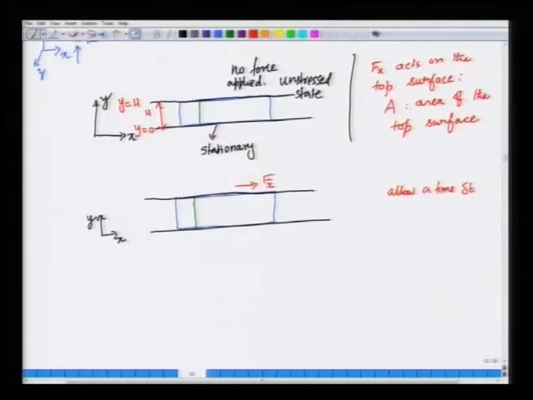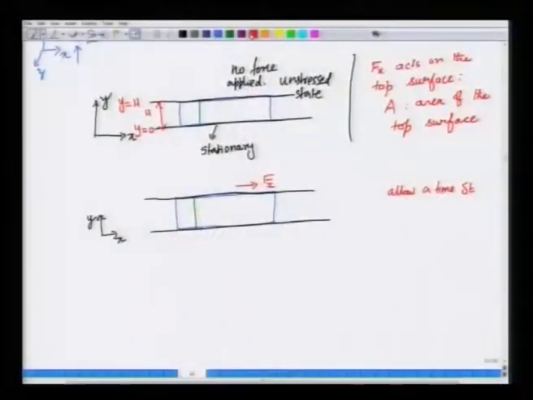When you apply a force to the solid on the top surface, the solid responds by undergoing a deformation. Force is being applied only on the top surface, so this point that was here will move here, whereas the point at the bottom surface is stationary. There is no force applied there, the solid is stuck to the bottom surface, so this point will remain here, it will not deform.